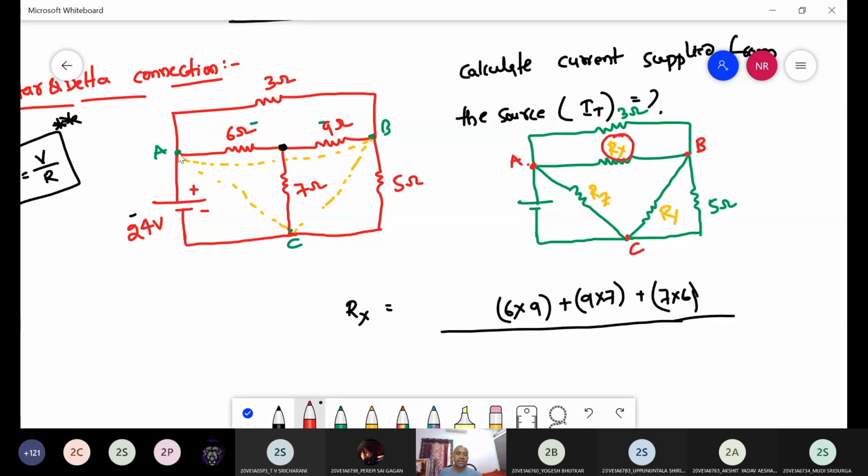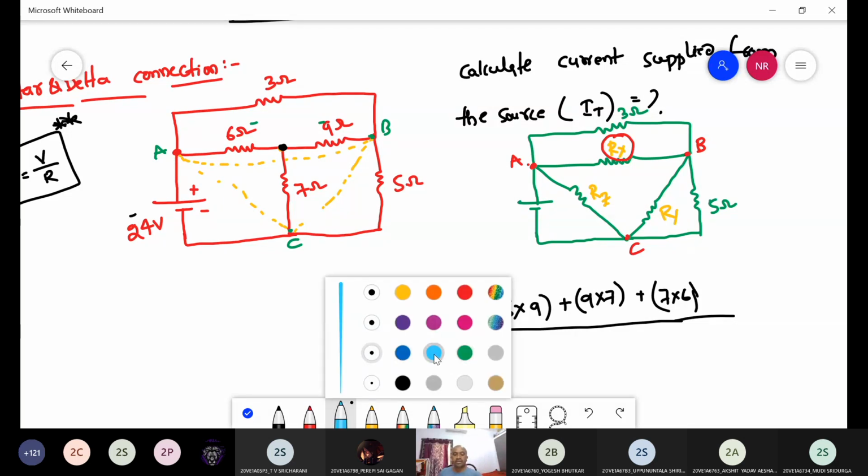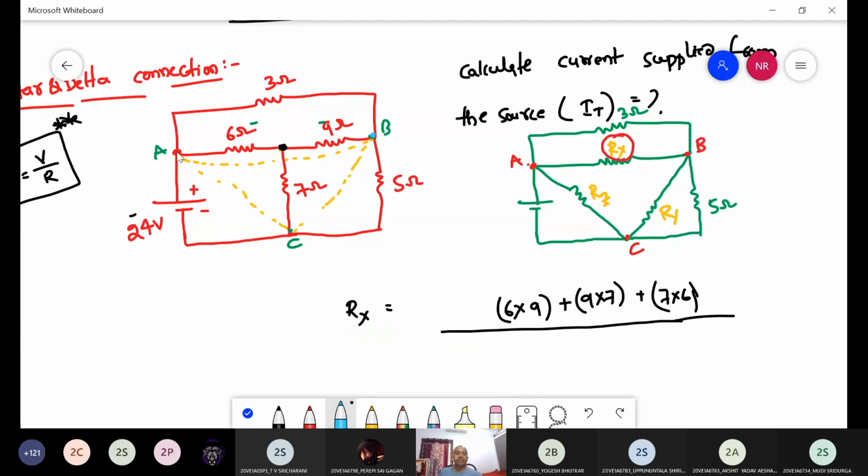So in the star connection between AB points, which elements are connected? 6 and 9. Am I right? Between the AB points in the star connection, 6 and 9 resistors are there. So which is not related to the AB points? What is that element? 7. Right?